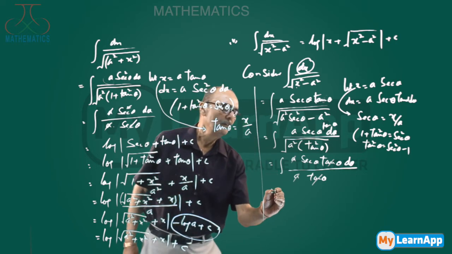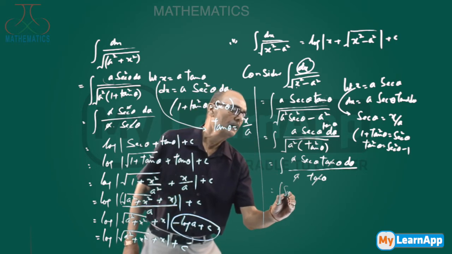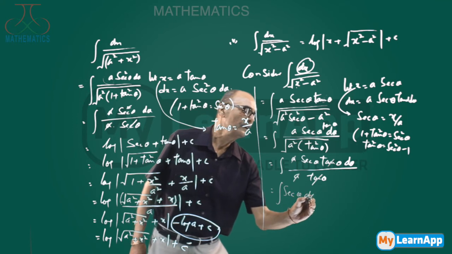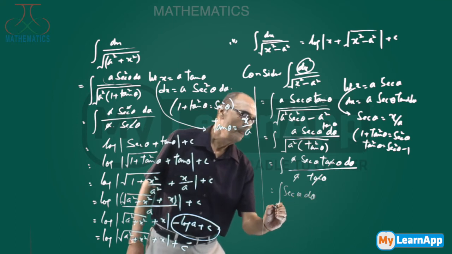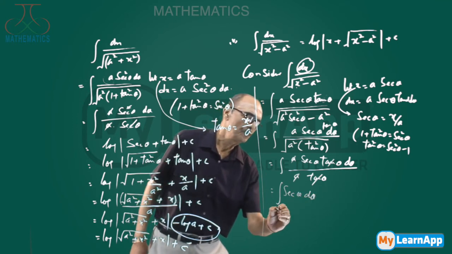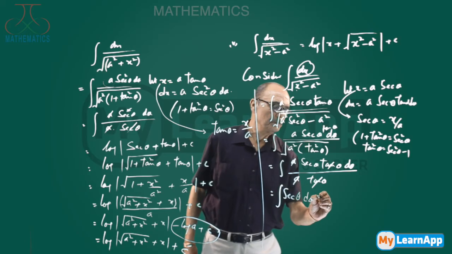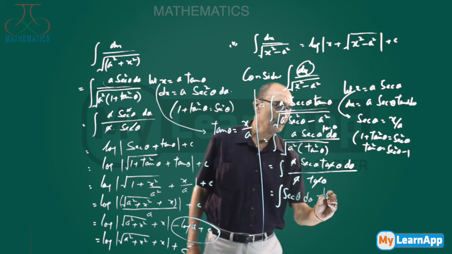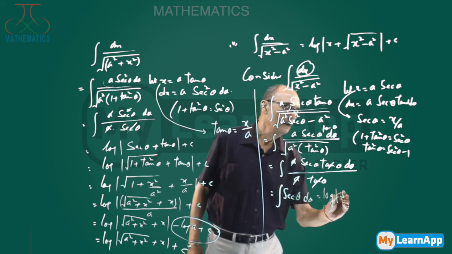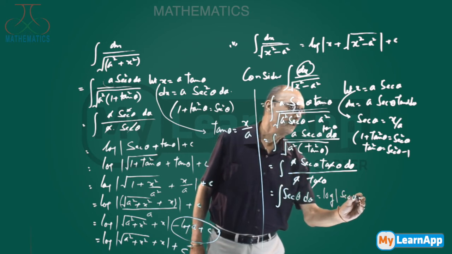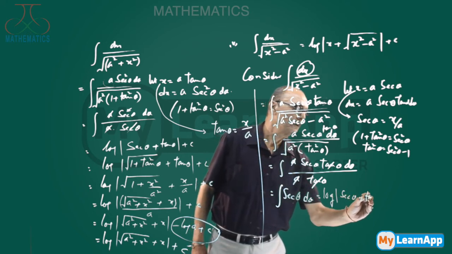So we have integral of secant theta d theta, which is equal to log of secant theta plus tan of theta.